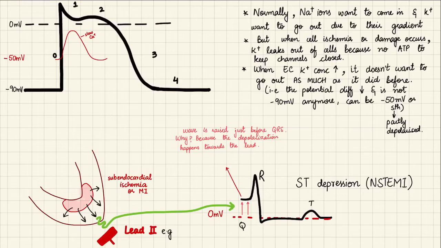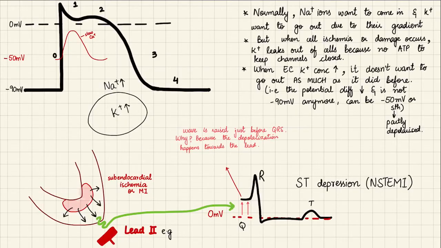Now we know that this minus 90 millivolts is attained due to the fact that we have sodium channels, potassium channels, calcium channels, and many others as well, but these three important ones are going to play a role here. So we know that normally sodium ions are in higher concentration outside the cell, and potassium is high inside the cell.